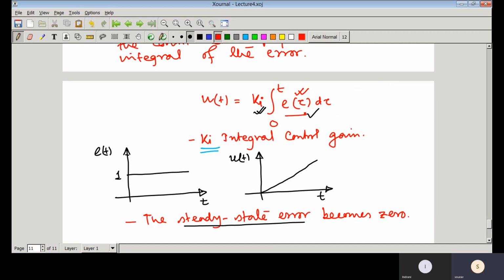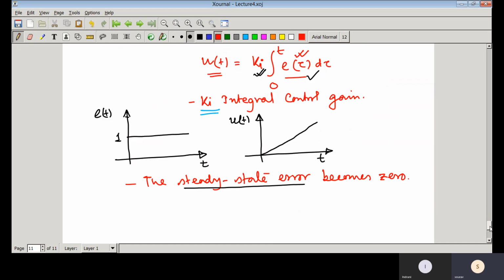That means even if that error signal equal to 0, there will be some control input that would drive that whole closed loop system. But in case of proportional control, when error equal to 0, that means ut equal to kp into e, that control input would be equal to 0. That means there is no signal that can drive that system. But in this case, that integral control helps.